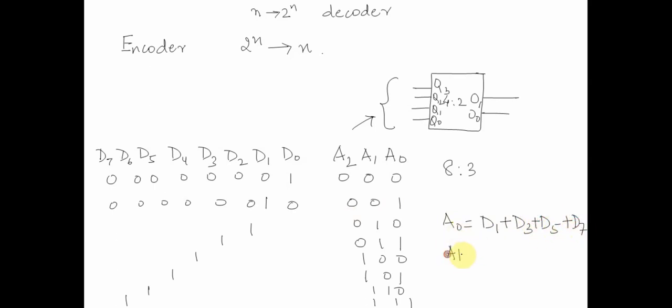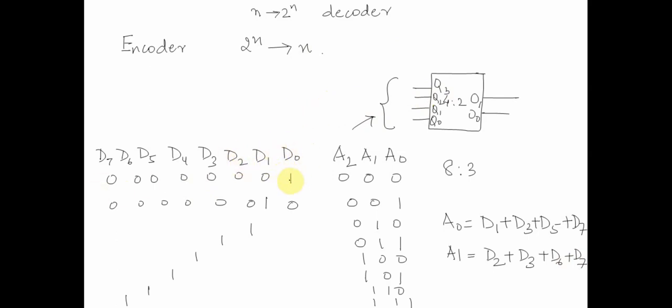Similarly, my A1 is D2 plus D3, and so on and so forth. So this is an encoder example, but there are two problems in it. The first problem: what if I have more than one input active?